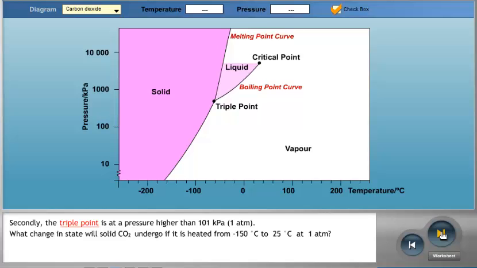Secondly, the triple point is at a pressure higher than 101 kilopascals, 1 atmosphere. What change in state will solid carbon dioxide undergo if it is heated from minus 150 degrees Celsius to 25 degrees Celsius at 1 atmosphere?